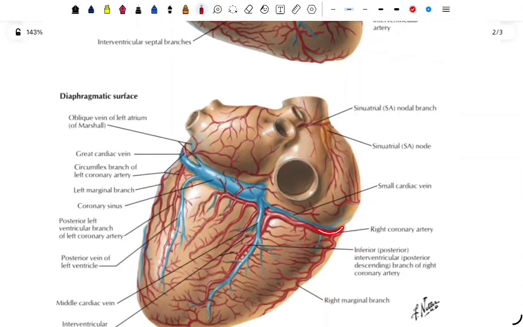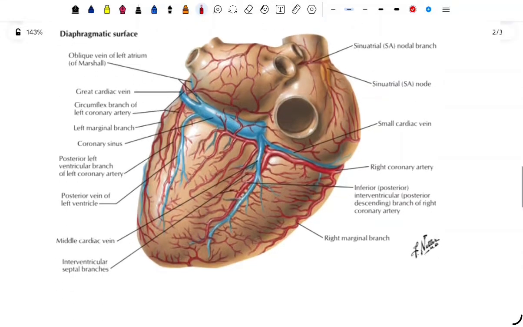It runs along the right atrium and right ventricle in the atrioventricular groove. In 90% of cases it produces a branch called the posterior descending artery, but in 10% of cases the posterior descending artery may be produced from the left coronary artery. These supply blood to the apex of the heart and the inferior surface of the heart.